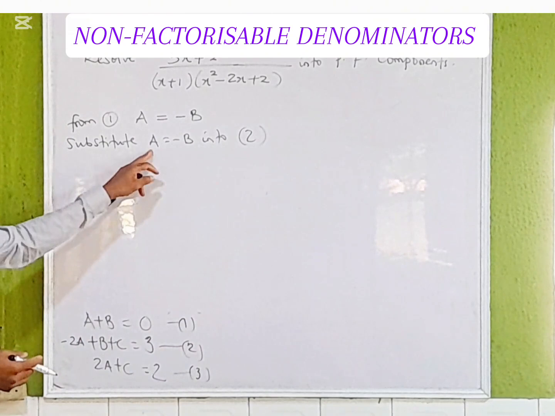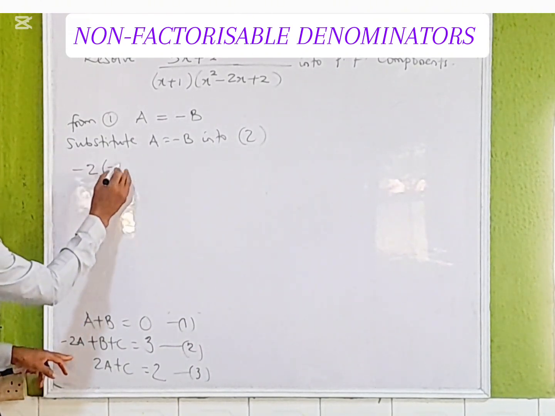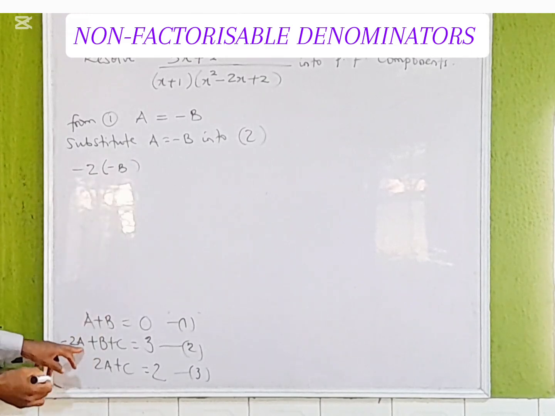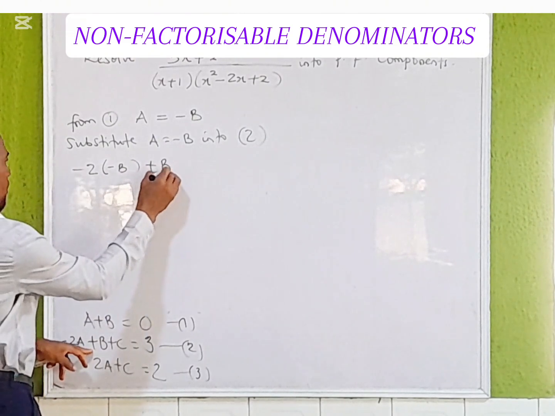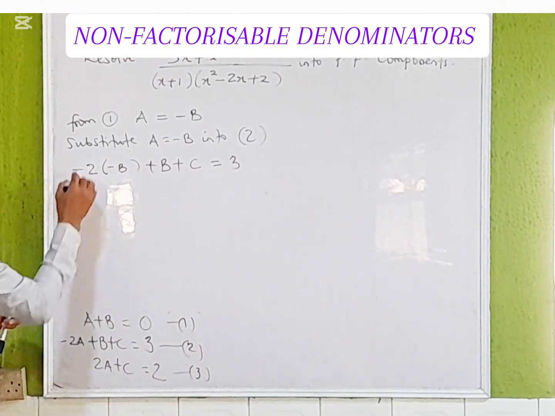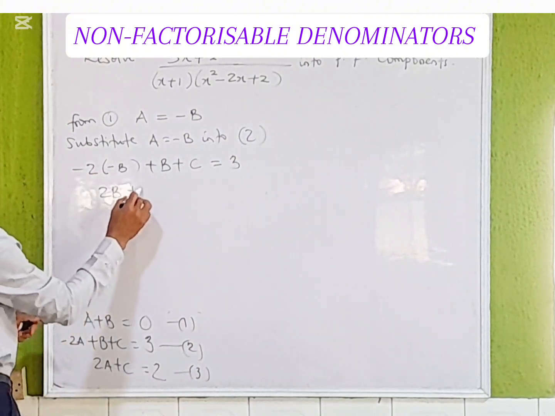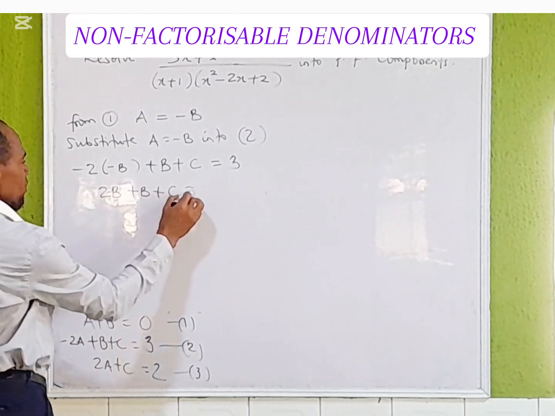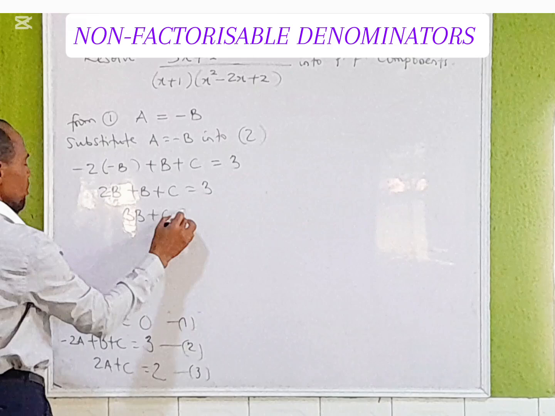So if I substitute a equals minus b into equation 2, I'm going to have minus 2, a is minus b, remember? So the a is being replaced by what? Minus b. Then plus b plus c, which equals 3. So this becomes 2b, because minus times minus is plus, b plus c equals 3. Hence, 3b plus c equals 3.